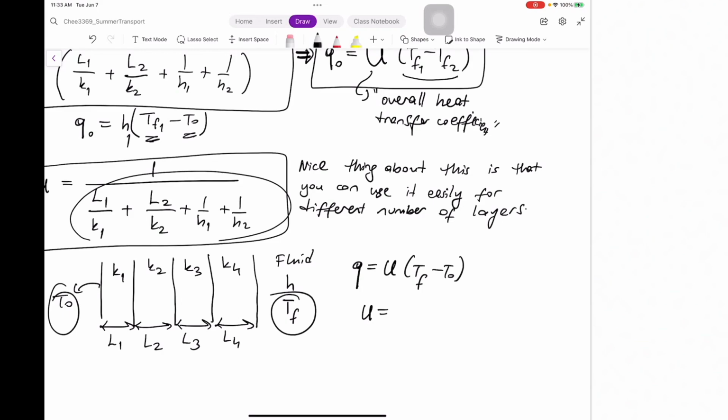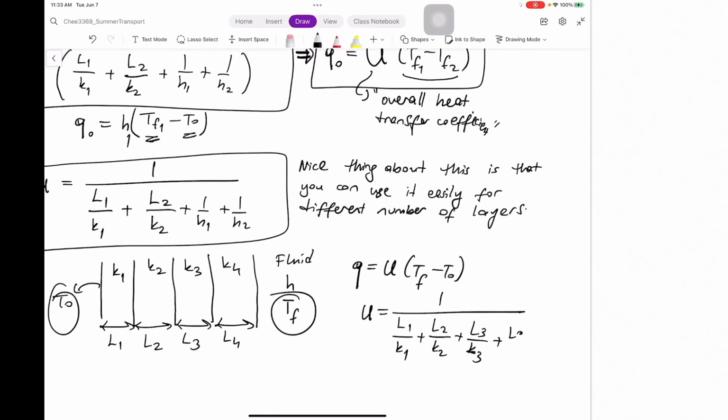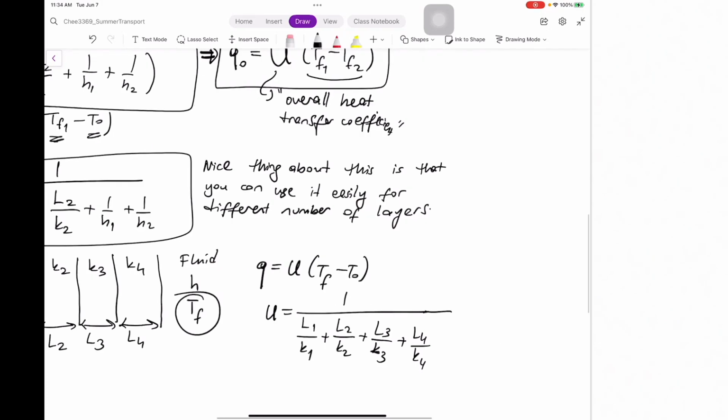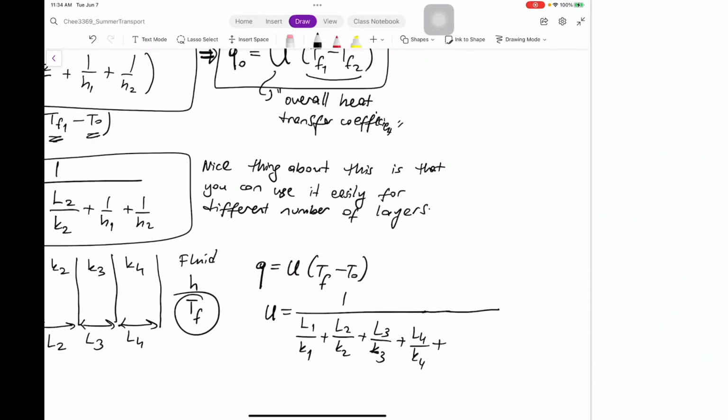And if you have a look at this formula, you're going to see that it should be 1 over, right, L1 over K1 plus L2 over K2 plus L3 over K3 plus L4 over K4 plus, and the heat transfer resistance due to this fluid contact, you have 1 over H. Okay.